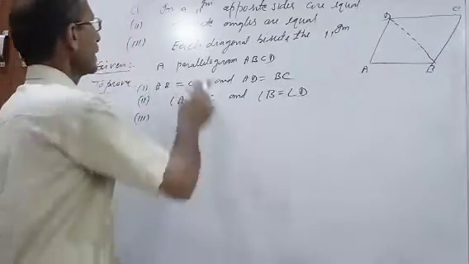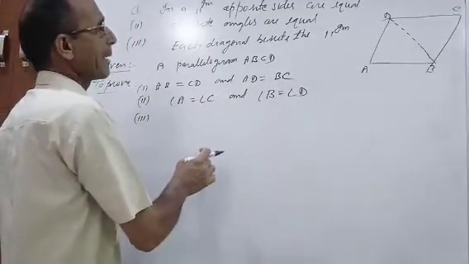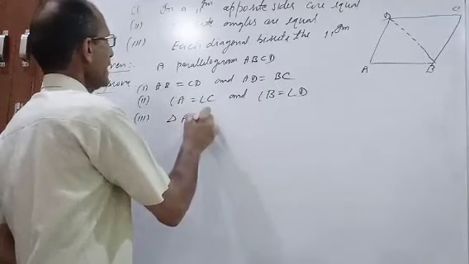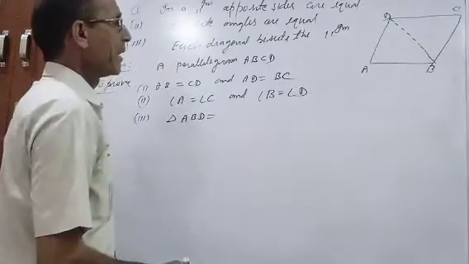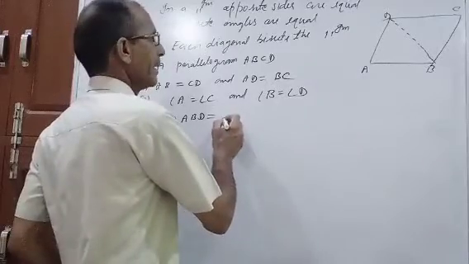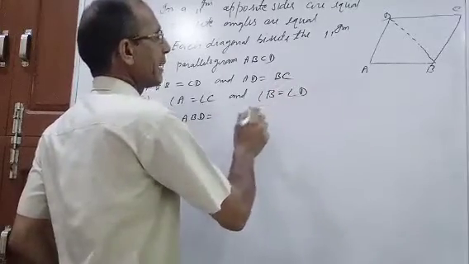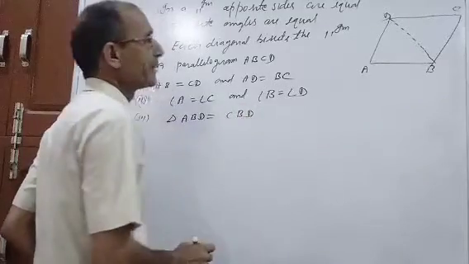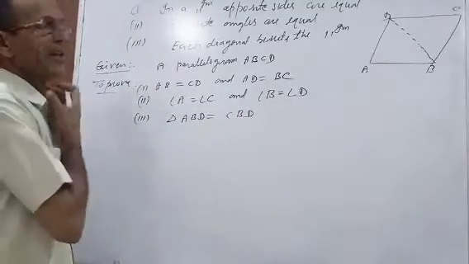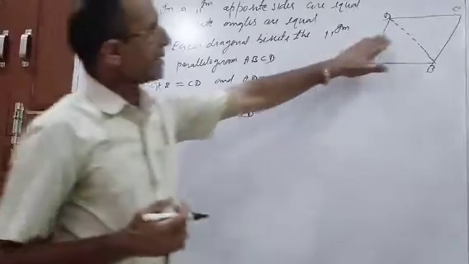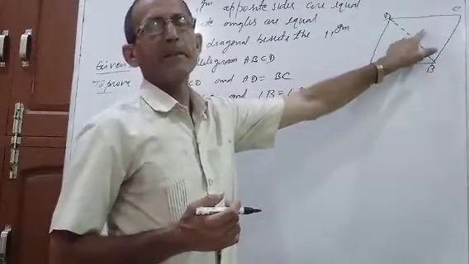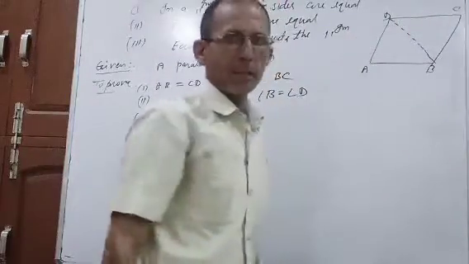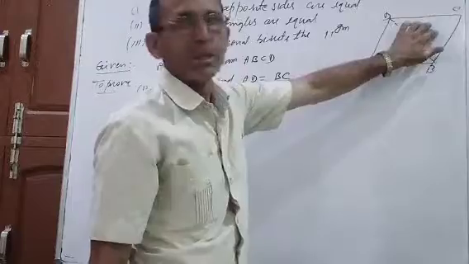We have to prove that triangle ABD is equal to triangle CBD. It means this triangle is congruent to this one, equal in area. So the diagonal divides the parallelogram into two equal parts.